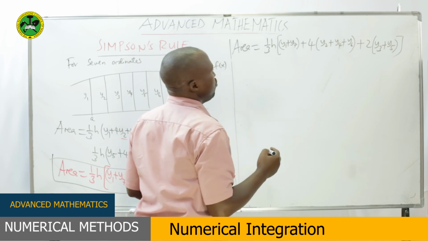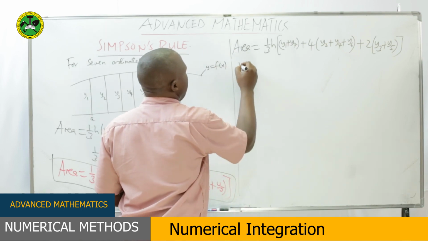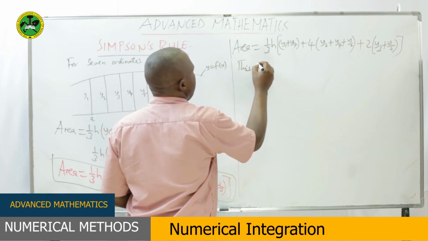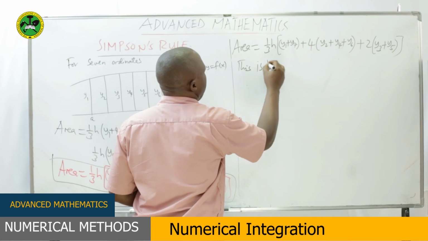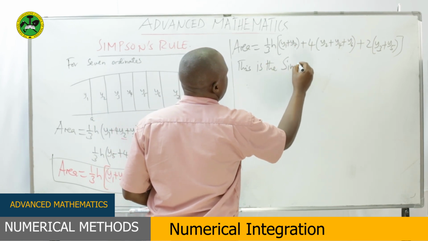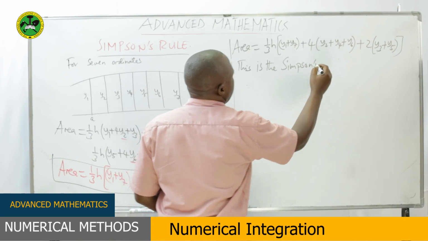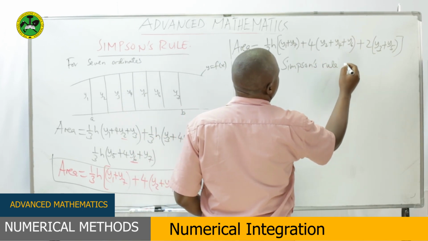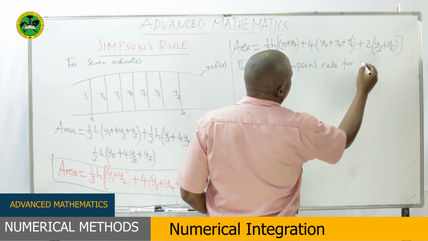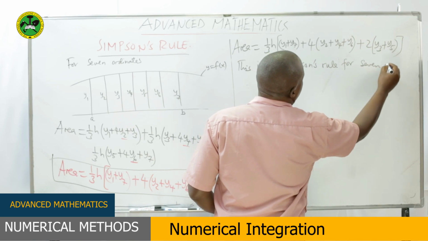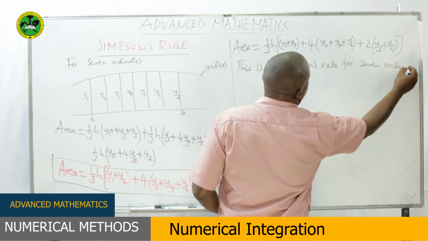So this is called Simpson's rule for 7 ordinates.